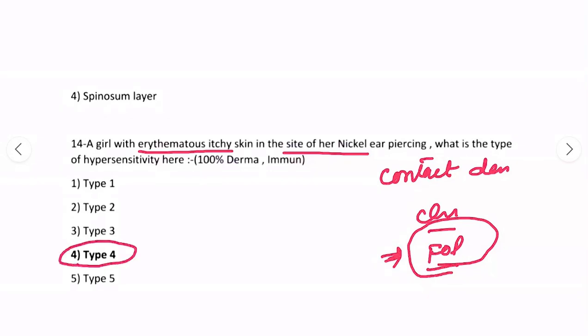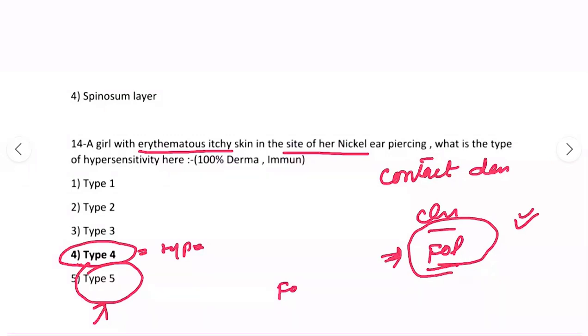Your contact dermatitis, that is your type 4 hypersensitivity reaction. Okay, your celiac disease, that is your type 5 hypersensitivity reaction. That table is very important for your FOB test and for your test both.